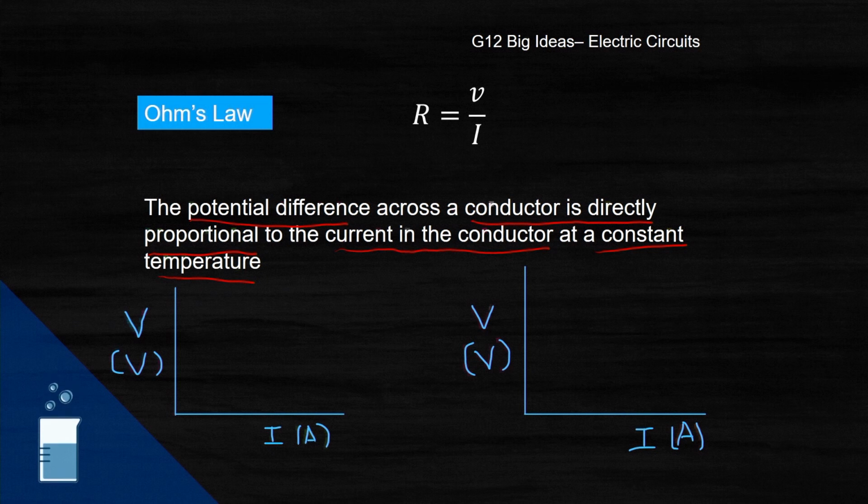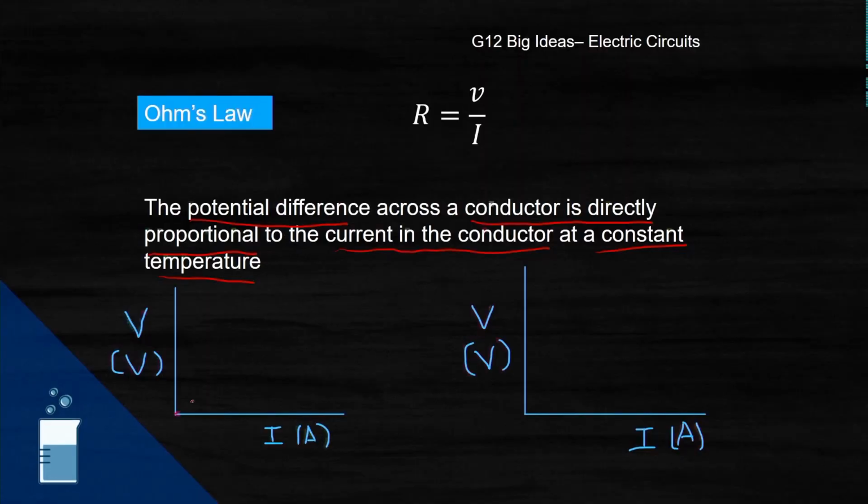So how did you find this relationship? A specific resistor was tested, and an increase in current through the resistor and the resultant potential difference across the resistor was measured.